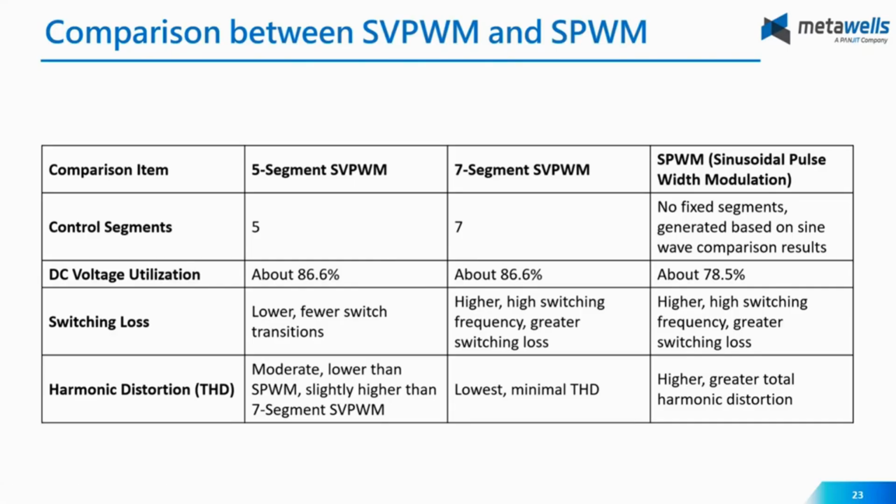Okay, first, let's talk about the 5-segment SVPWM. The advantage is lower switching loss.